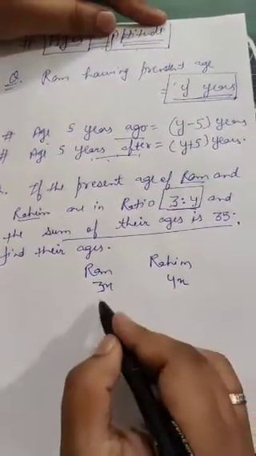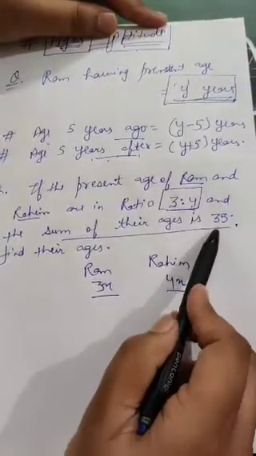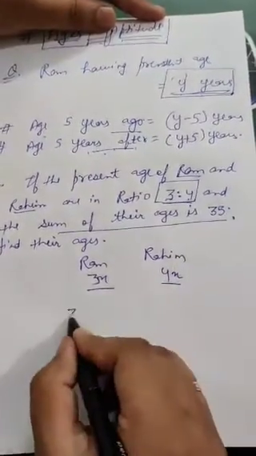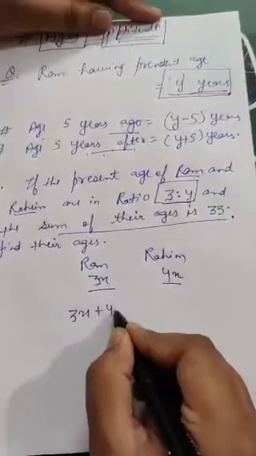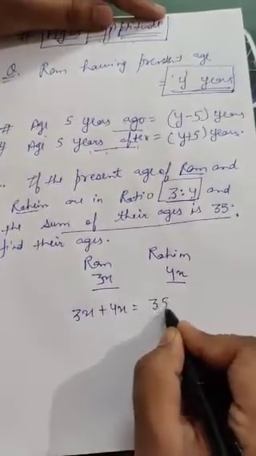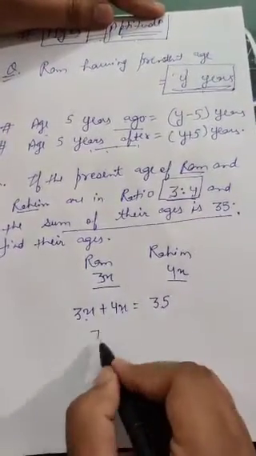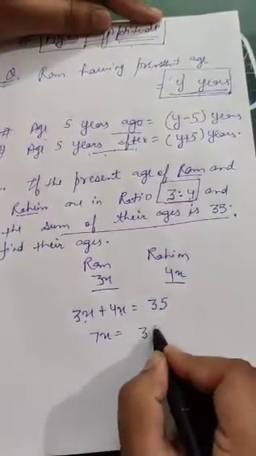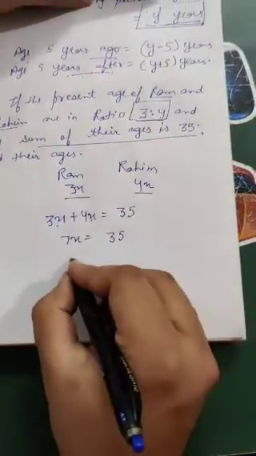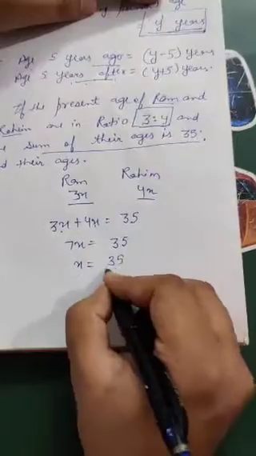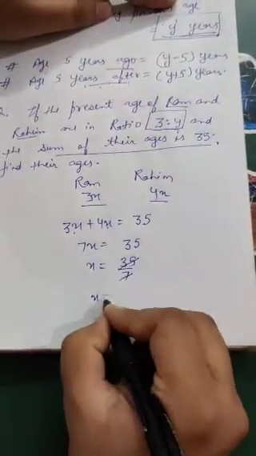Now 3x and 4x. The sum of their ages is 35, so 3x plus 4x is 7x, that is 35. So x is 35 by 7, that is 5.